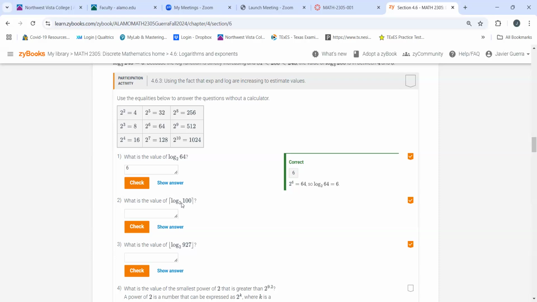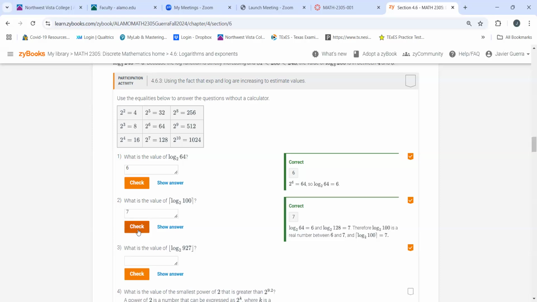So let's see, 2 to what power gives us close to 100? So we know that it's going to be pretty much between 64 and 128. So it's got to be 7. So I know it has to be in between 6 and 7. So since it's a ceiling, I say it's a 7. Yep.